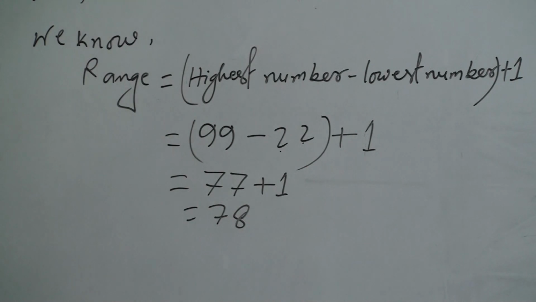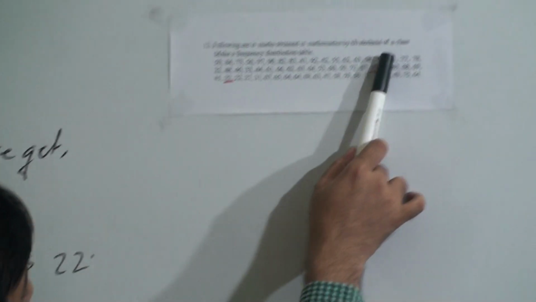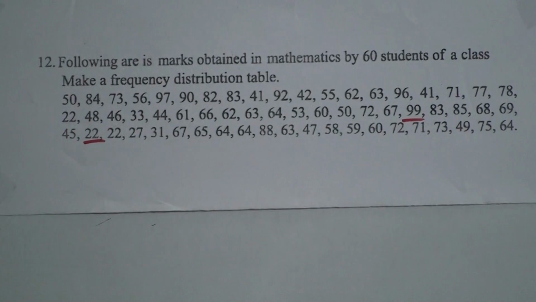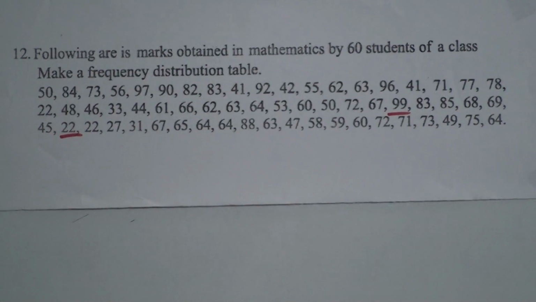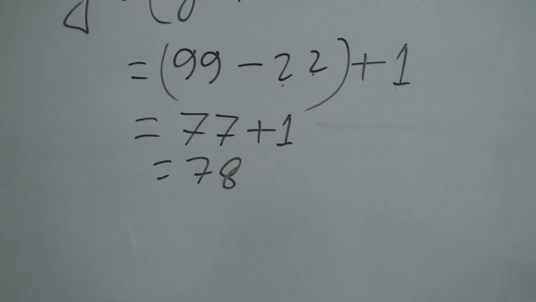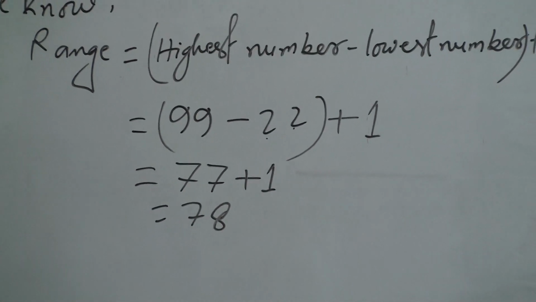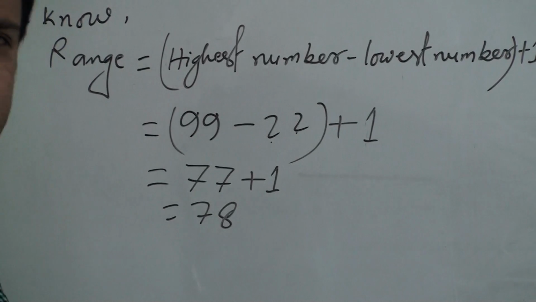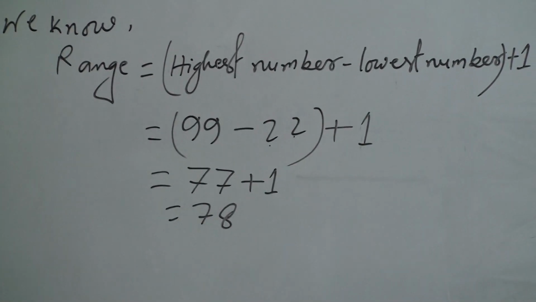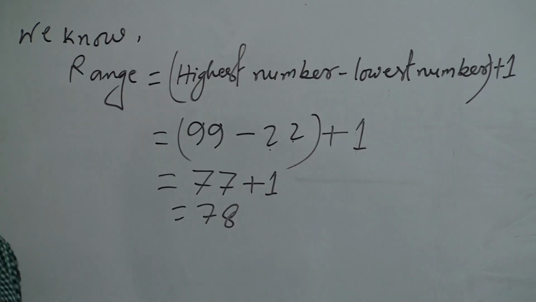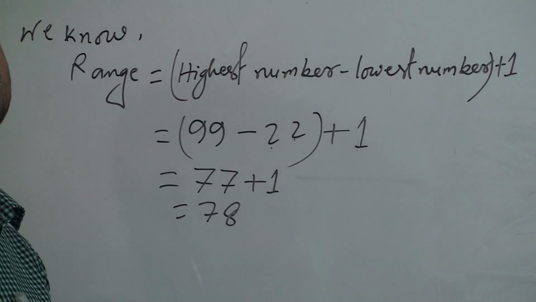Now see the question, the class interval is not given here. As the class interval is not given, we can consider the class interval. We can prepare the frequency distribution table if we consider a class interval. We can consider any class interval, but it will be easier for us if we consider class interval 10.